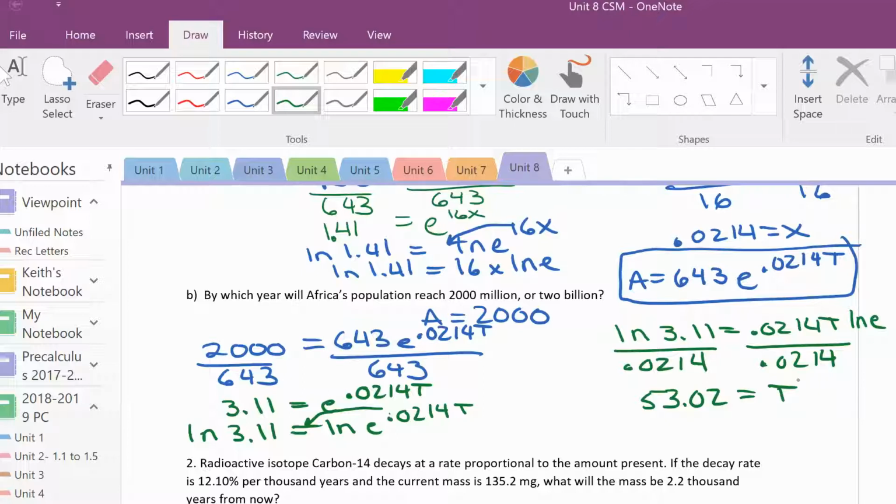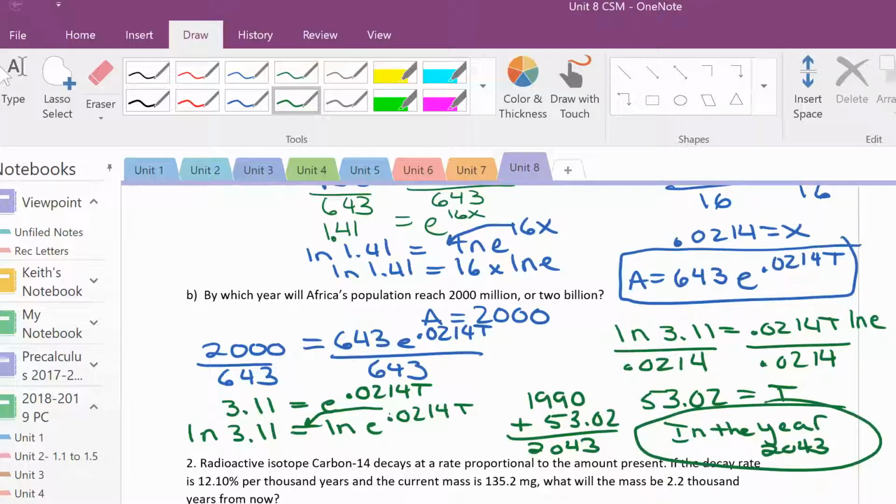So it says by which year, if you take 1990 and add 53.02, you get approximately 2043. That is the year that it'll reach 2,000 million.